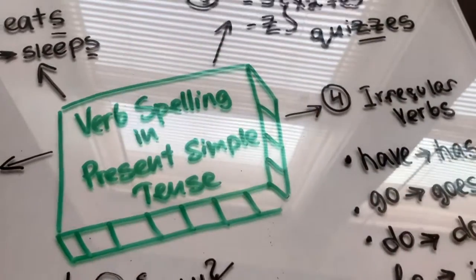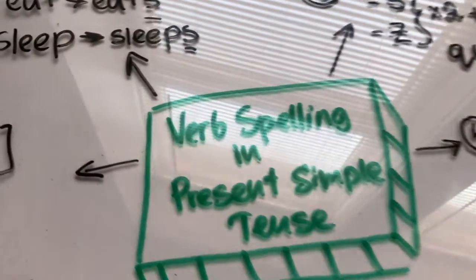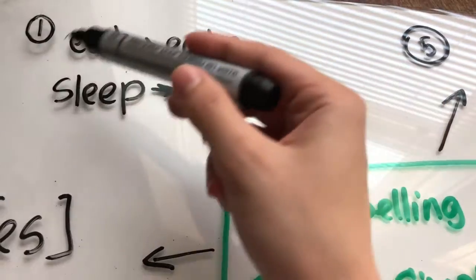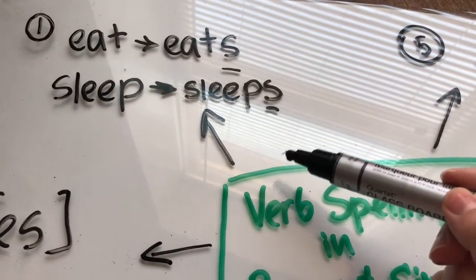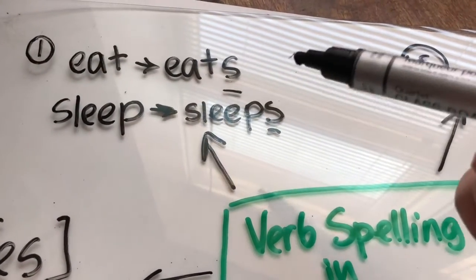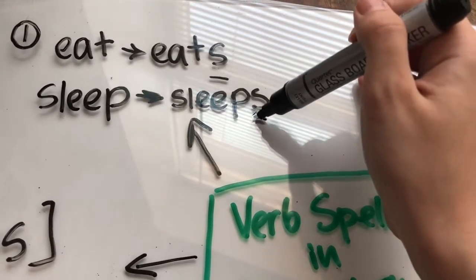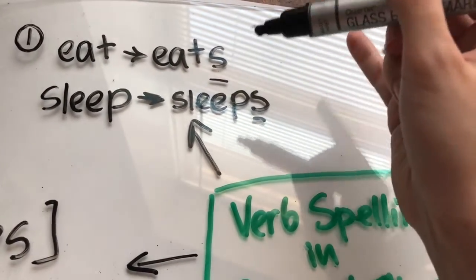Now let's review our rules. There are 5 rules in total. Rule number 1 concerns the majority of verbs. Usually, you only need to add an ending s with pronouns he, she, or it.